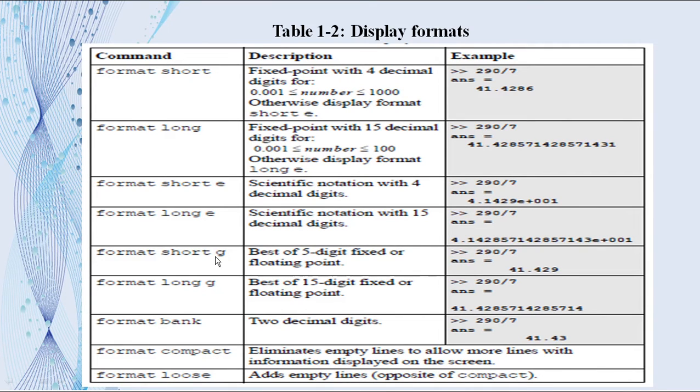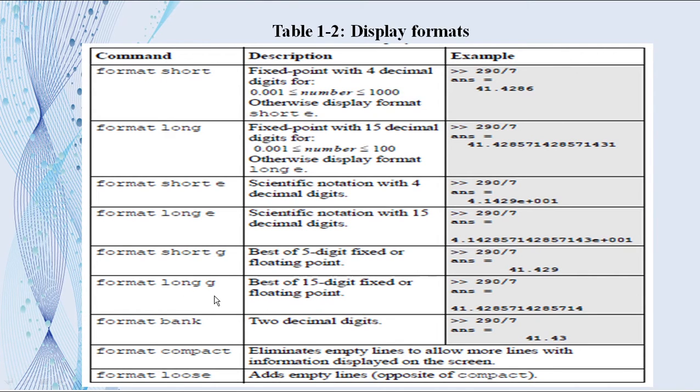Format short g. So short e and short g. What is the difference in this? Best of 5 digits fixed or floating point. So we have only 5 digits: 1, 2, 3, 4, 5. In the example you can see 4, 1, 4, 2, 9. So 5 digits only are taken into account, best of 5 digits fixed.